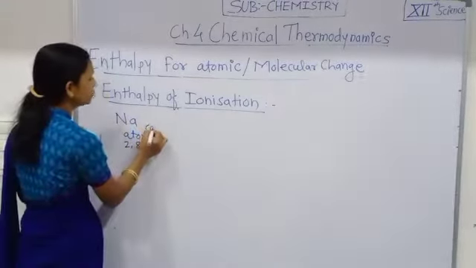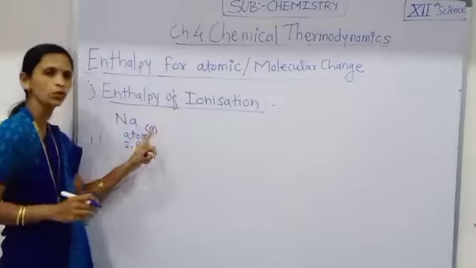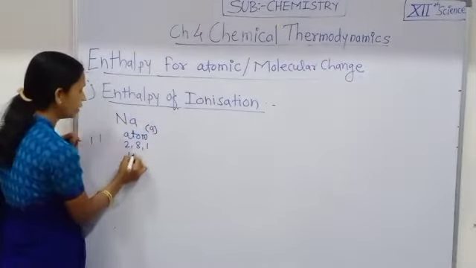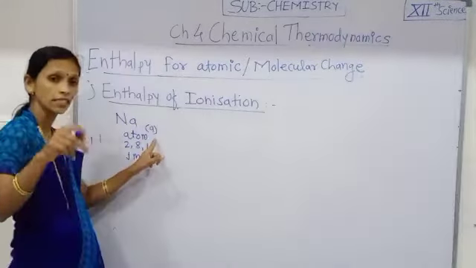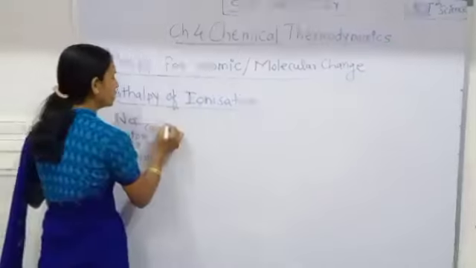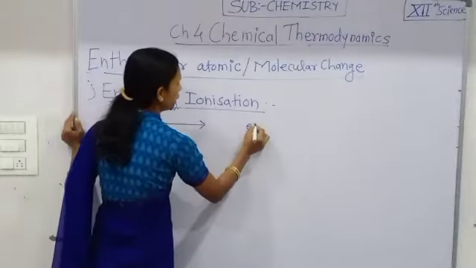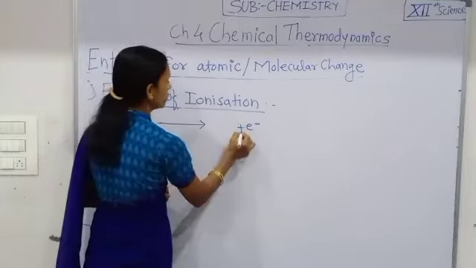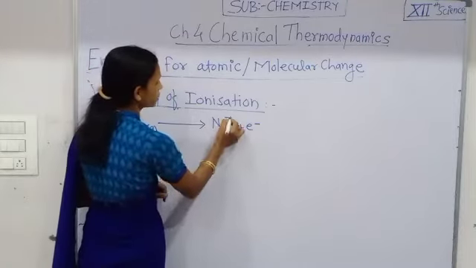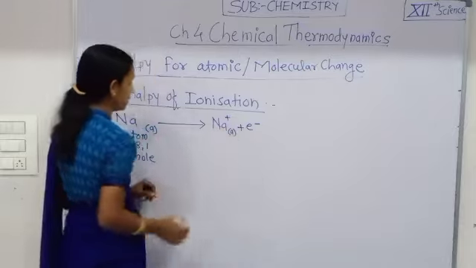That sodium atom should be in an isolated state, 1 mole of sodium atom in gaseous state. When it loses one electron, that is the valence electron, it forms Na plus, a cation in gaseous state.